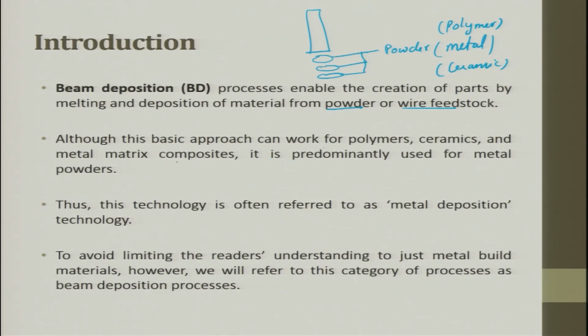When I say metal matrix composite, metal is the matrix and you will have a reinforcement, and this reinforcement also will be in powder form. Thus, this technology is often referred to as metal deposition technology. To avoid limiting the reader's understanding to just metal building materials, however, we will refer to this category of the process as beam deposition processes.